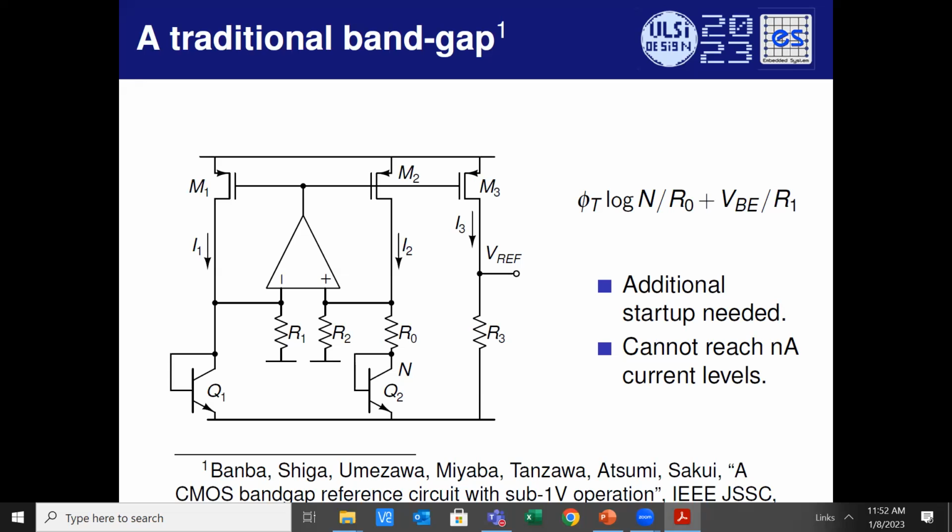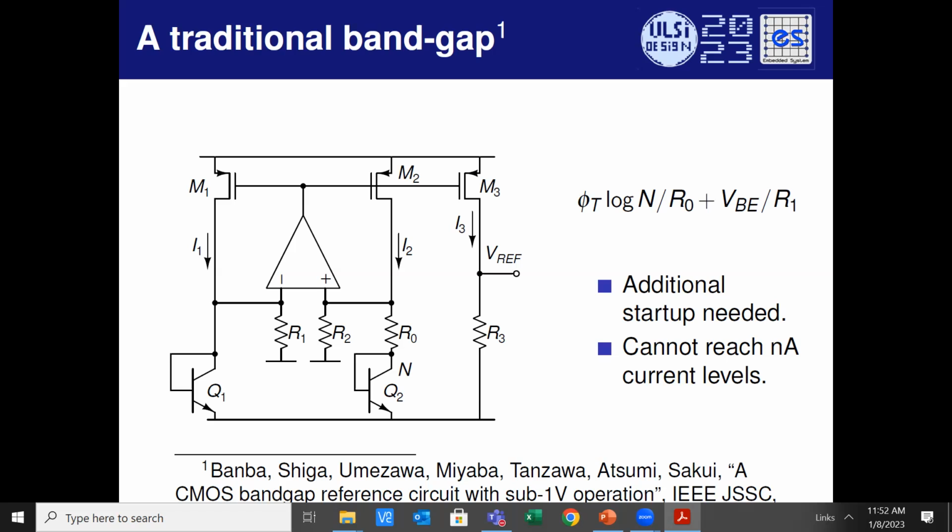This is your traditional band gap, which you have seen many times by now, right? One of the problems that you would have noticed by now is that operating at very low voltages is not possible. There is a limit to how low a power supply you can have.